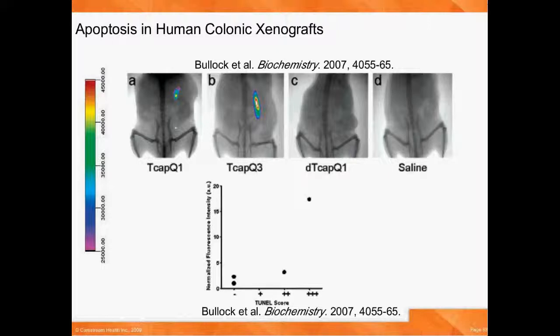This was confirmed in vivo by looking at human colon xenografts on the backs of mice. Here, these human colon xenografts were infected by an amoeba, and you can clearly see activation in A and B. The biochemical control here is a D-amino acid DEVD sequence. If some other metabolic enzyme were causing the quencher and the fluorophore to no longer associate, it would show up in this.